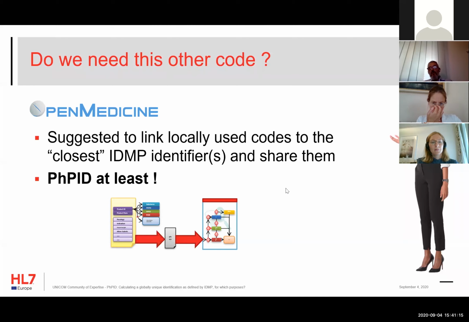In that sense, the IDMP identifier seems to fit these purposes perfectly. This is also one of the results of the project, which suggests linking locally used codes to the closest IDMP identifier, trying to provide at least the PhPID.